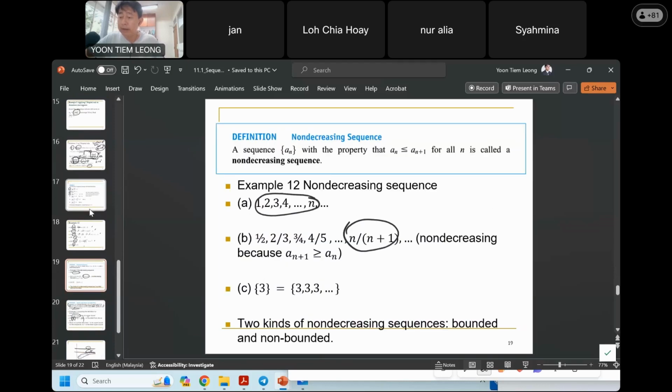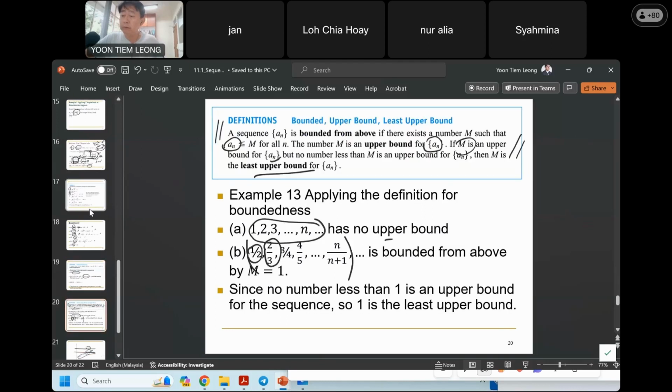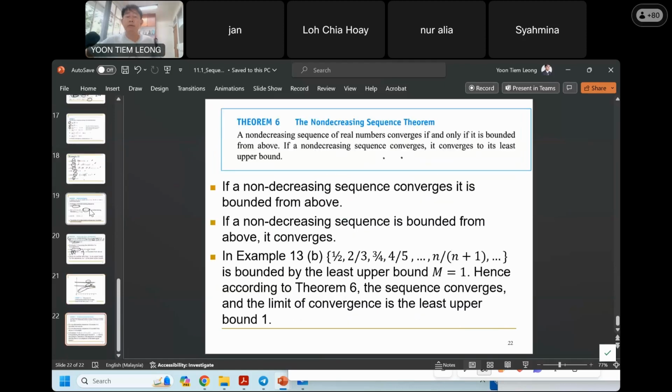Then we also mentioned the definitions of a non-decreasing sequence, the upper bound of a sequence, and the least upper bound of the sequence, and explained that if a non-decreasing sequence is bounded, then it must converge. If it converges, then it must be bounded from above.